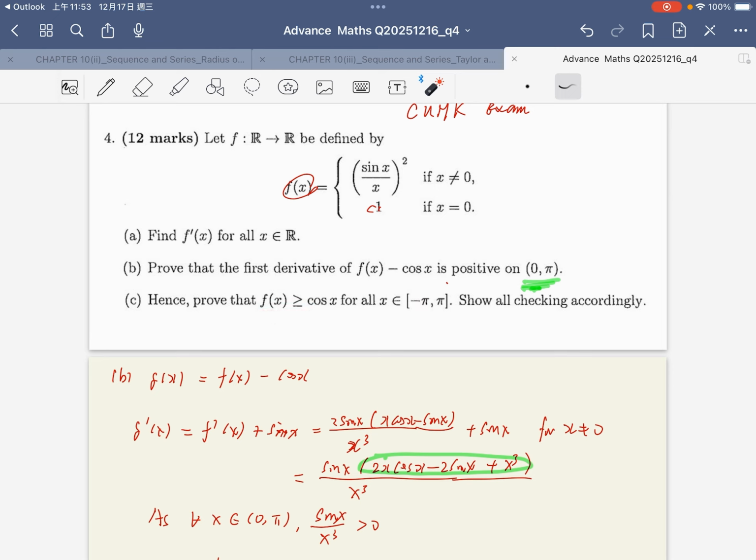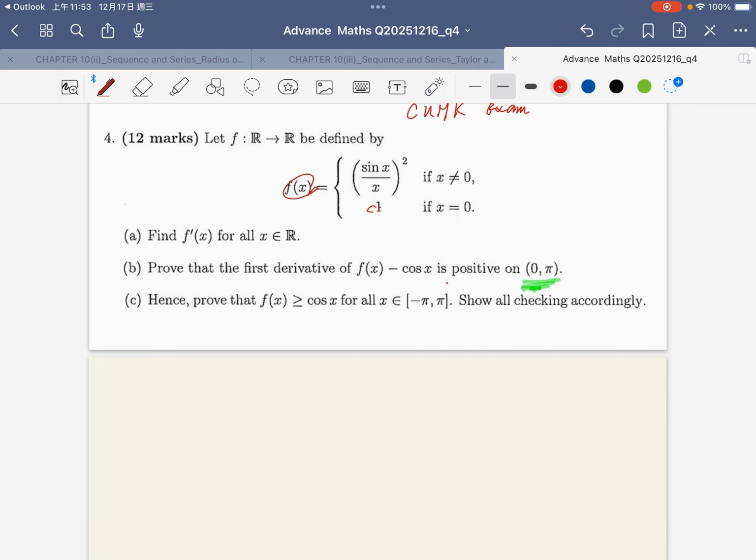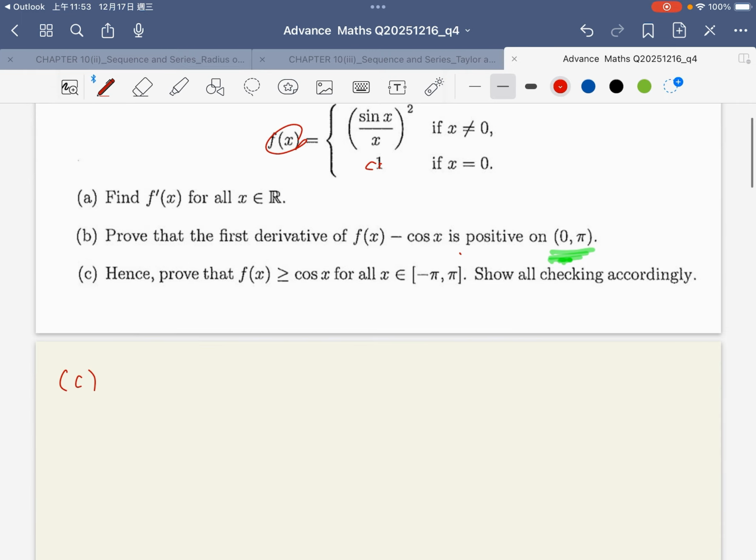Okay, actually, that's b prime and c prime are connected. Let me show you. g prime x equal to f prime x plus sine x is positive for all x belong to (0, pi).